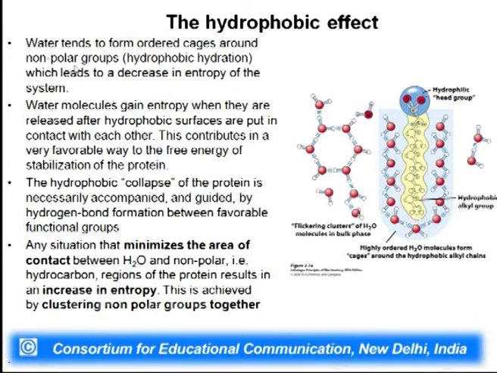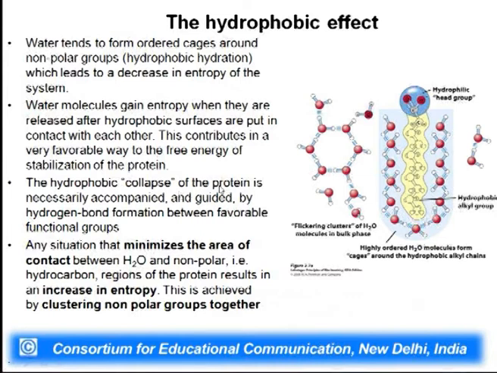The water tends to form ordered cages around the non-polar groups, and that resulted in a decrease in entropy of the system, which was not favorable. And whenever such non-polar interactions with water are reduced, which happens with the hydrophobic collapse of the polypeptide around such non-polar groups, then you have a slight increase in the water entropy.